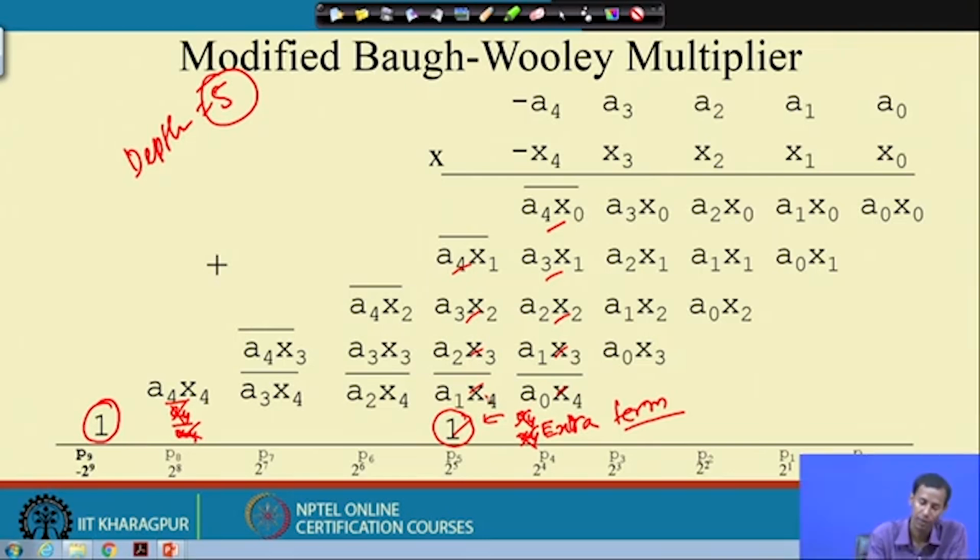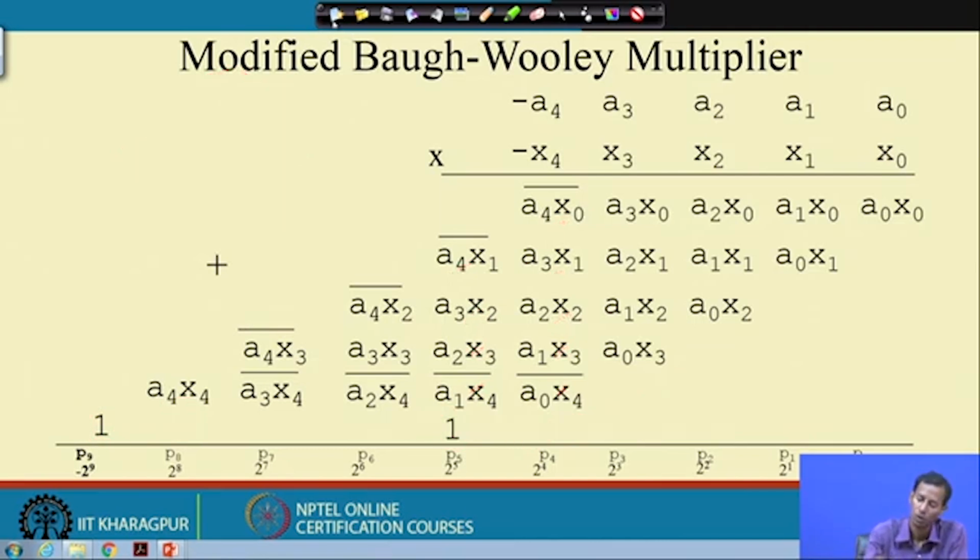For unsigned multiplication, the maximum depth will also be 5. For signed multiplication, for this modified Booth multiplier, the maximum depth will be 5. Okay. So, that means now delay wise this circuit is improved. Okay. So, this is the modified Booth multiplier.